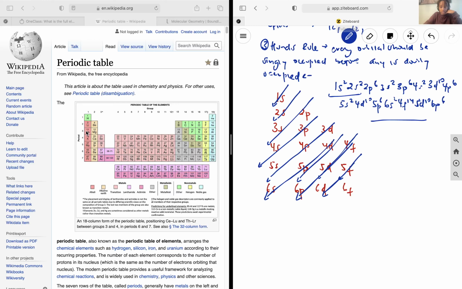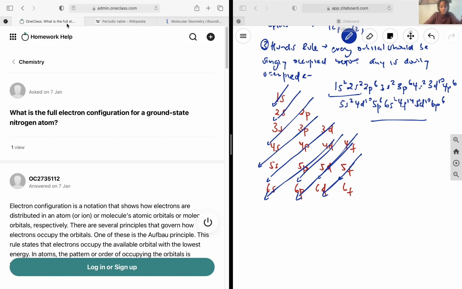So just as I said, 3s2, 3p6, 4s2, 3d10, 4p6, 5s2, 4d10, 5p6, and then we have 6s2. We'll enter the lanthanides with 4f14, and then 5d10 here, and then 6p6, and so on and so forth. So you can either use Madelung's rule to fill it in, or you can use the periodic table itself. And so now let's figure out the electron configuration for nitrogen in specific.